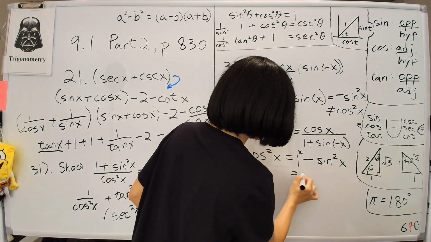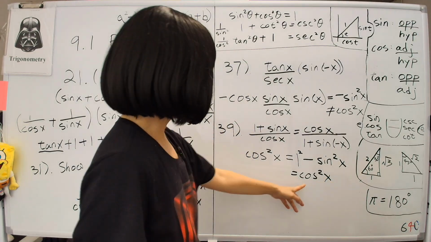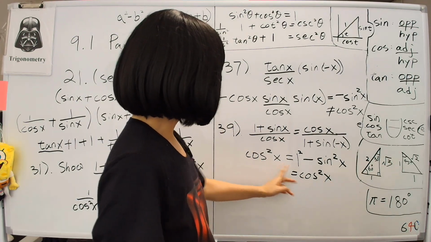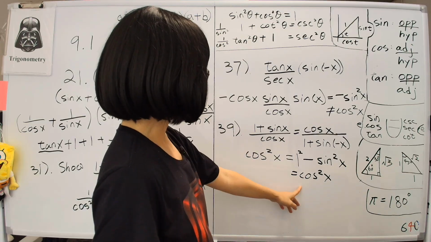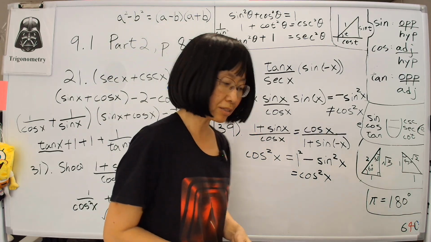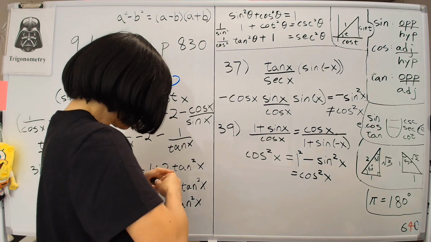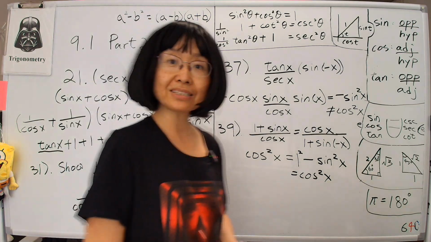So this equals cosine squared x. See? And as a result, these two are the same. Okay? And this is indeed true. Cosine squared is equal to cosine squared, which means this statement is also true. Therefore, the answer to problem 39 is that it is true. Okay? And that marks the end of this section.